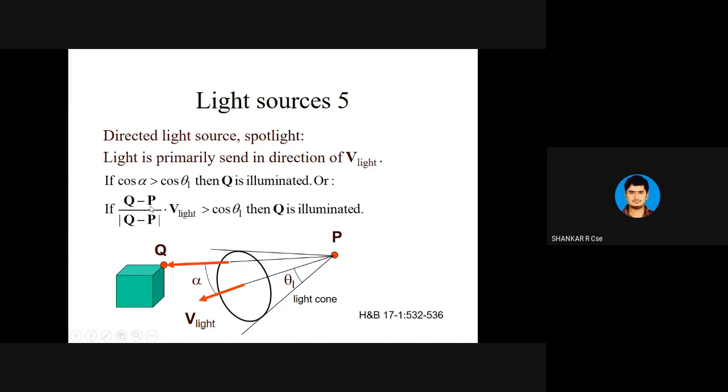Now put it in other words, that is, in dot product vector form: Q minus P, that is the distance between this and this, divided by its magnitude, into your V light. Cos alpha is apparently this now. So put it in dot product form, the normalized vector into this V light should be greater than cos theta 1. Then only you can say your Q gets illuminated.